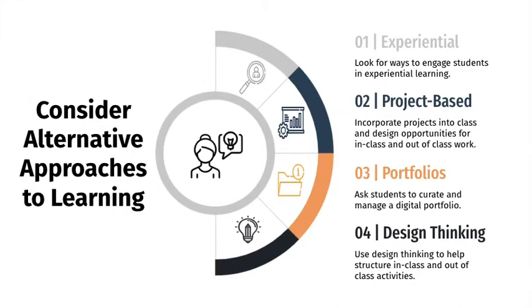Moving from teaching to learning, consider alternative approaches to learning. We've got four listed here that might be helpful for framing, some that have elements that you definitely could bring into a multimodality environment. The first one, experiential.